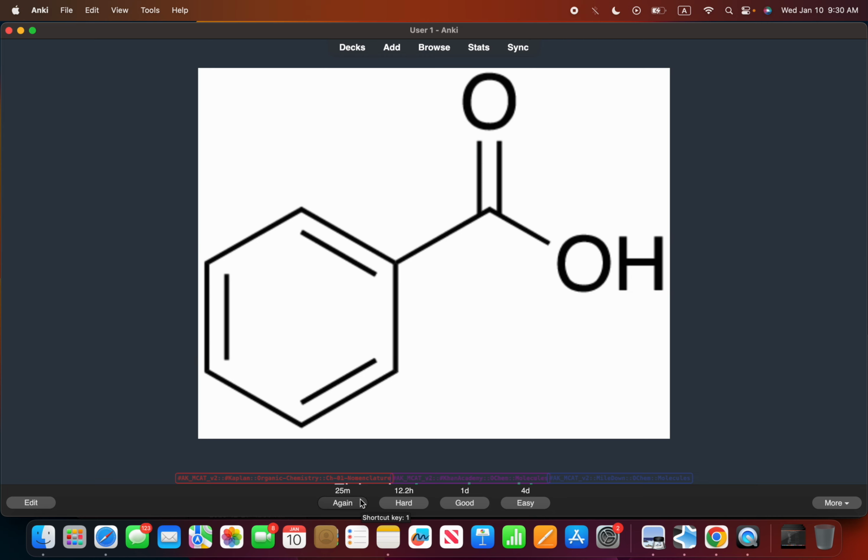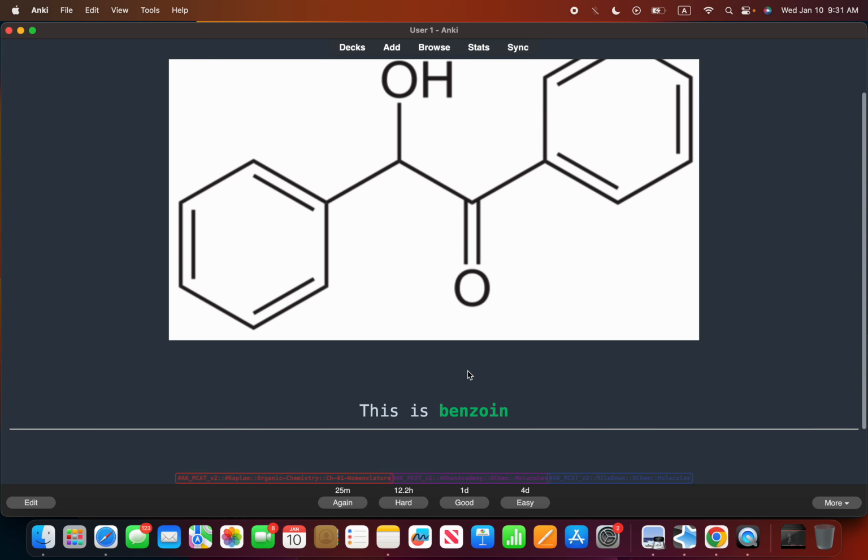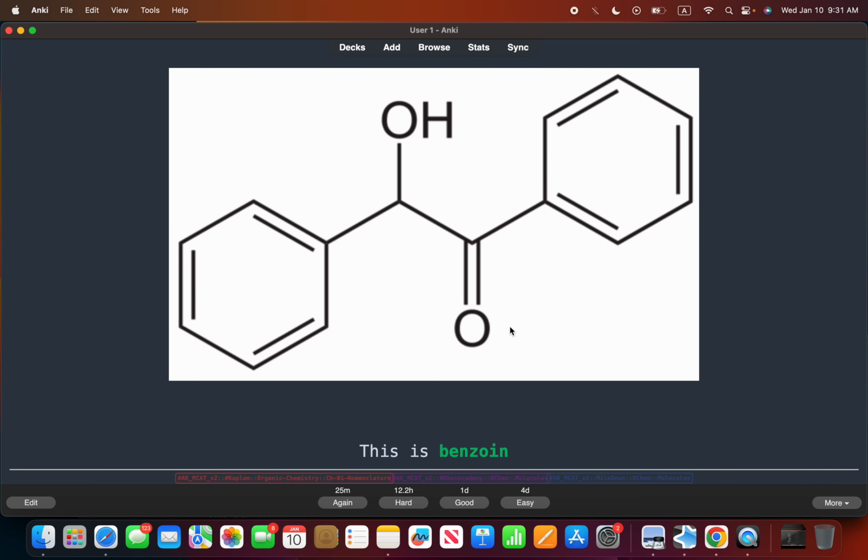This will be, I believe this is an ether, so anhydride, benzoin, jeez, benzoin.